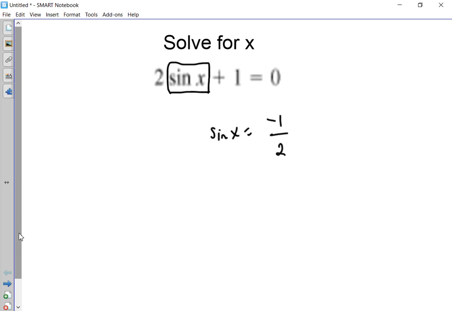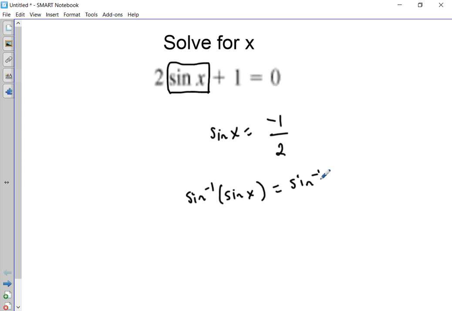That looks pretty good. Now, the next thing is you cannot divide by sine. If you divide by sine, that becomes a sin. So you do not want to divide by sine. Instead, we're going to use the inverse. We're going to take the inverse of both sides, and when we do that, we use the inverse properties.